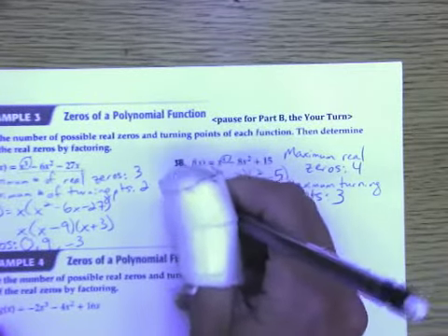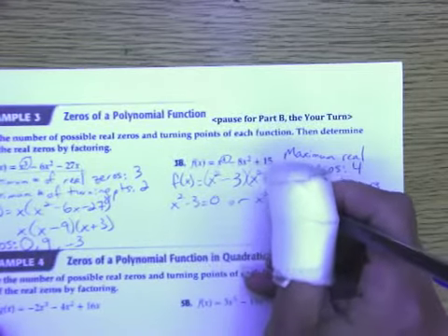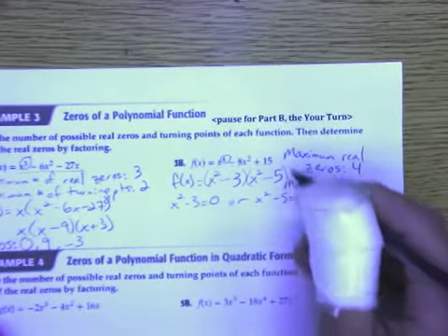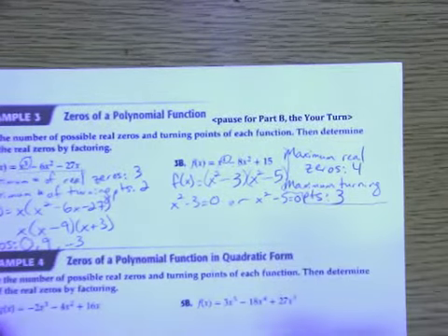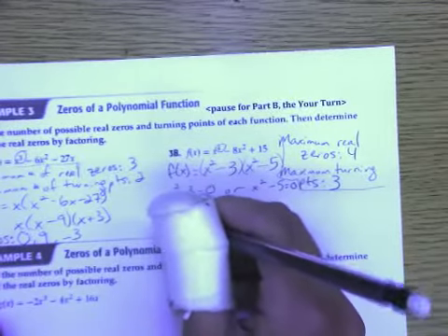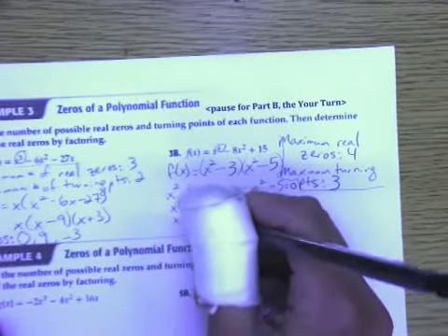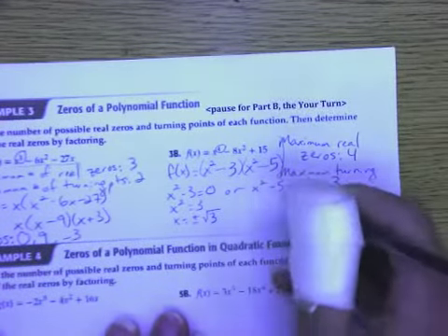Okay, so x squared minus 3 equals 0, or x squared minus 5 equals 0. So x squared equals 3, which means x is positive or negative the square root of 3.